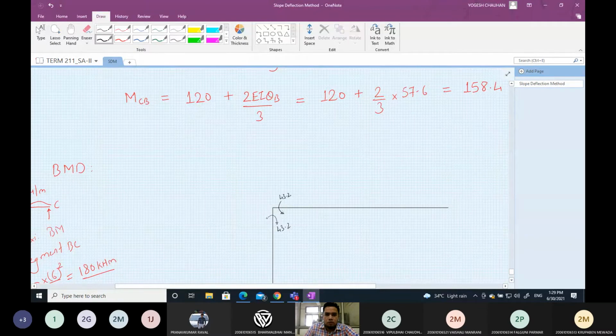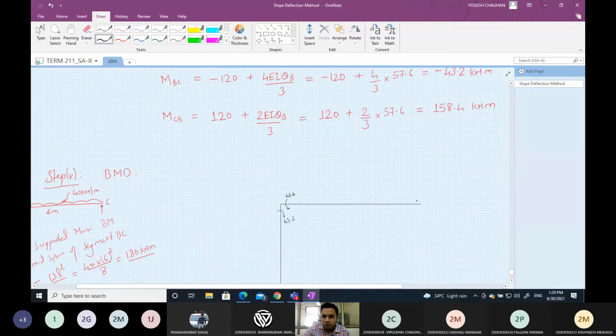Also you can note that this is clockwise, this is anti-clockwise, so the sum of the moments at B equals 0, so the equilibrium condition which we have applied is also satisfied.